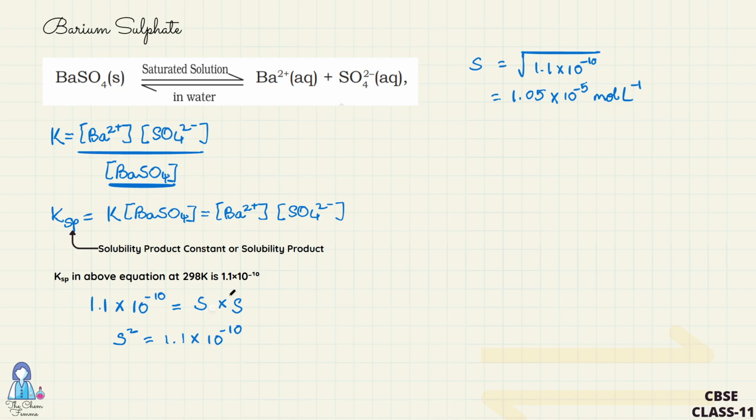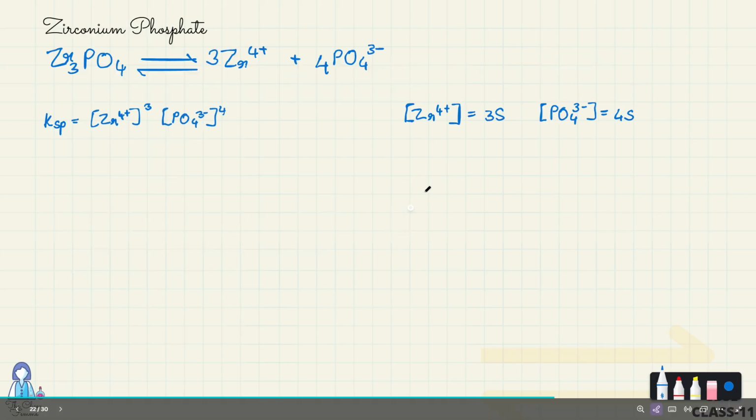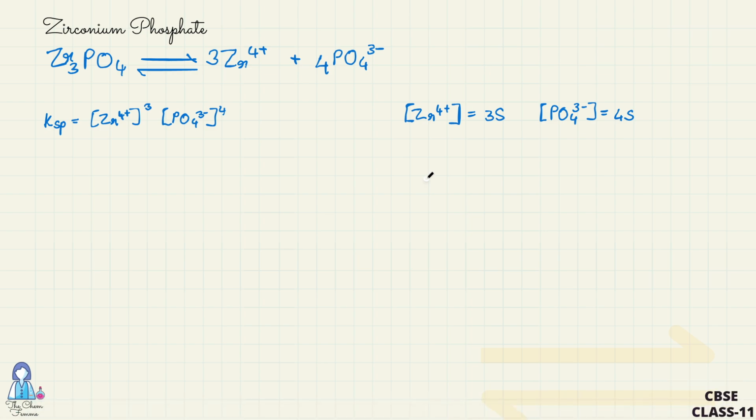So we just put S into S. But in this case, because you have a difference in the number of anions and cations being formed, we have to consider the stoichiometry of the reaction. So this 3 over here, you'll have 3S because 3 ions of zirconium are formed. So we have to say 3S.